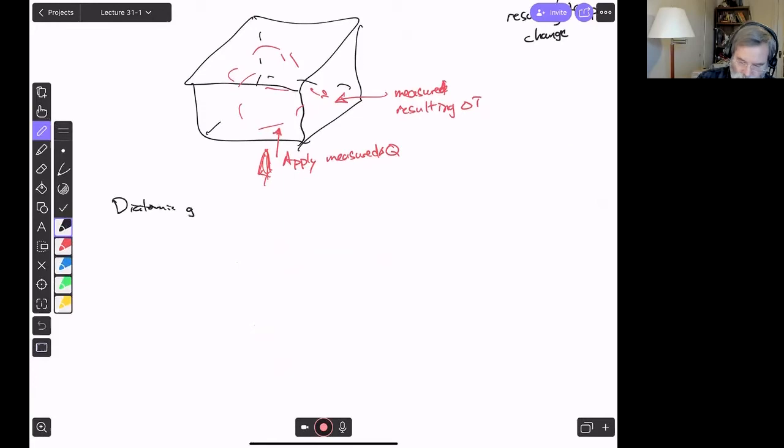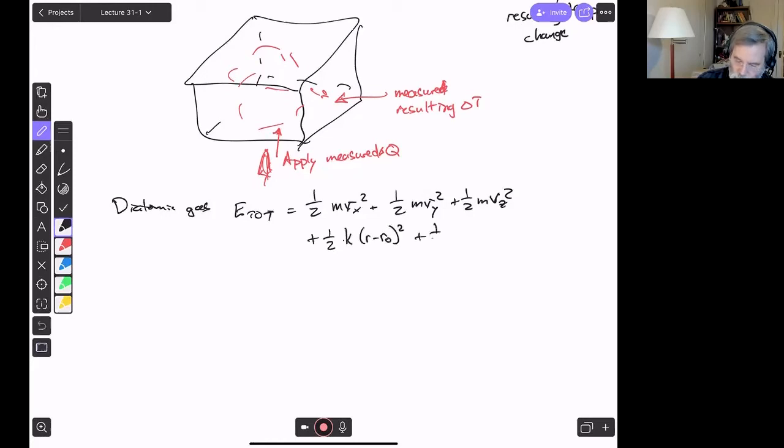So for a diatomic gas, the total energy is 1/2 m v_x squared, 1/2 m v_y squared, 1/2 m v_z squared, plus 1/2 k (r minus r naught) squared, plus 1/2 mu v relative squared, plus 1/2 I_x omega_x squared, plus 1/2 I_y omega_y squared. I'm not even going to bother to write the z term because, as we've just talked about, that just never comes into play.